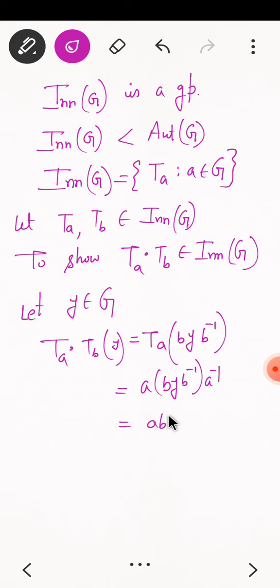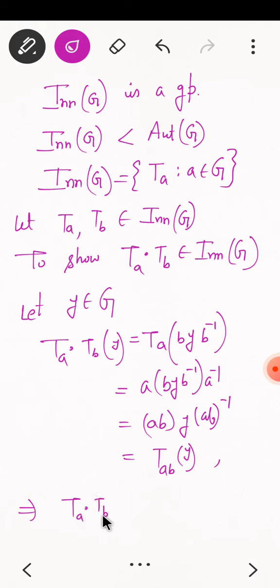Now we take this as y, b inverse a inverse is equal to (ab) whole inverse. So that is equal to T_ab(y) for any y belongs to G. So this implies that T_a T_b equals T_ab. This belongs to Inn(G). We call this star.